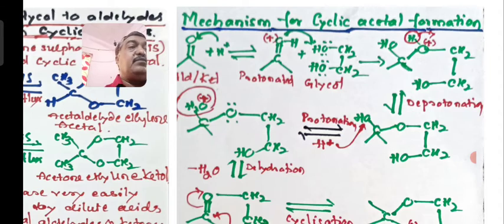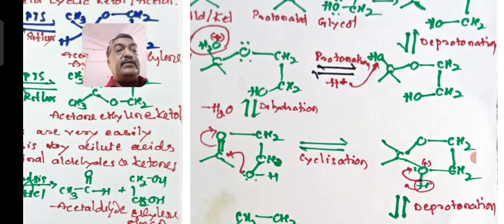That forms a linkage of oxygen to the corresponding aldehyde, and the proton is removed. Deprotonation takes place, and you get OH attached to the carbon of the carbonyl group. Then again protonation, H plus, becomes H2O plus. This H2O plus undergoes dehydration, removal of water, to form a product of this kind.